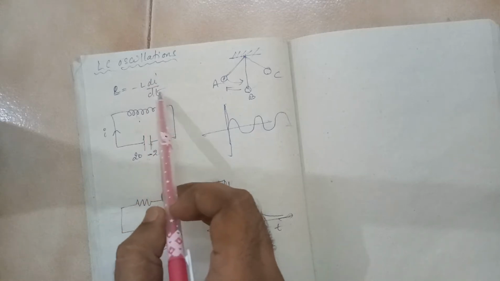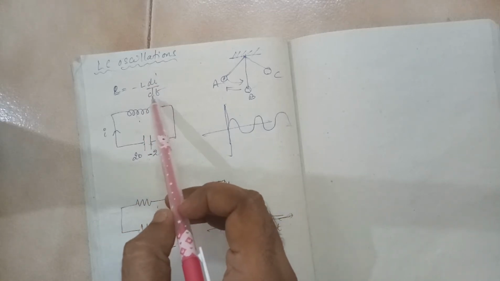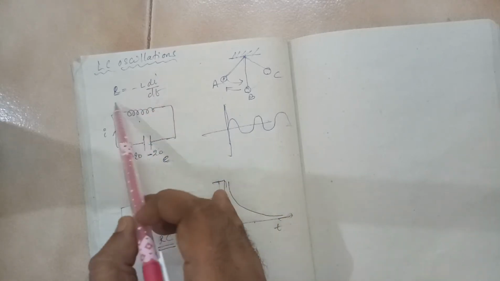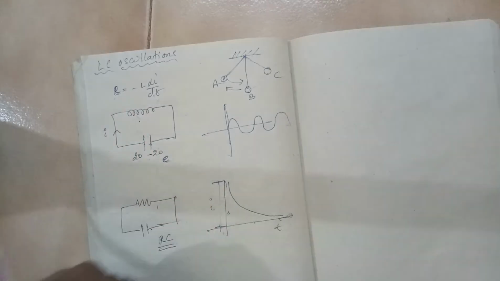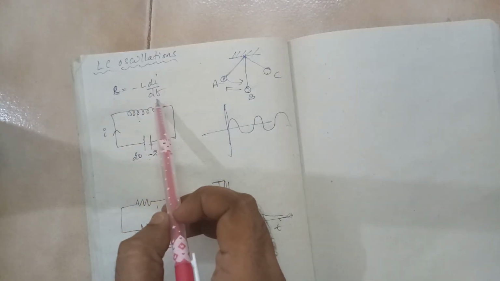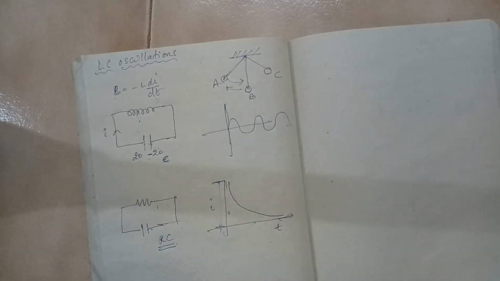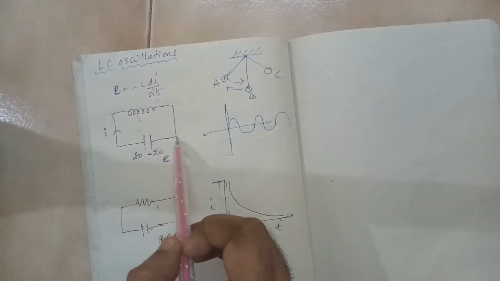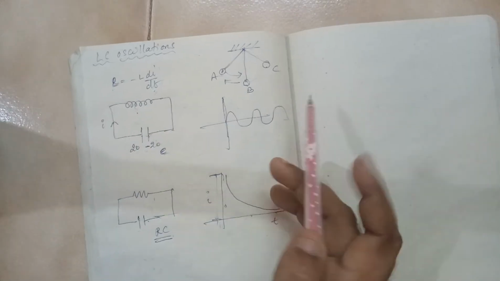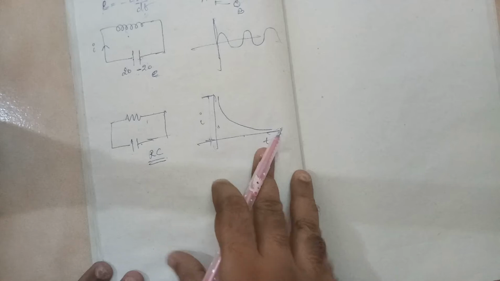If di by dt is the change of current, if di by dt is increasing, this fellow will try to reduce the effect. If it is decreasing, this fellow will try to increase the effect. This is what happens.